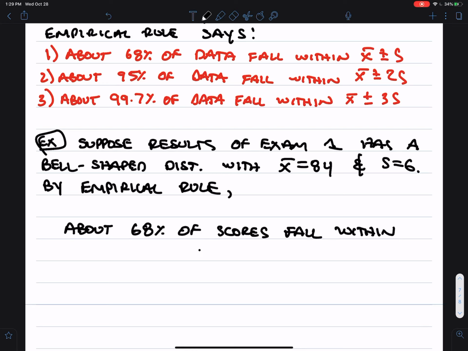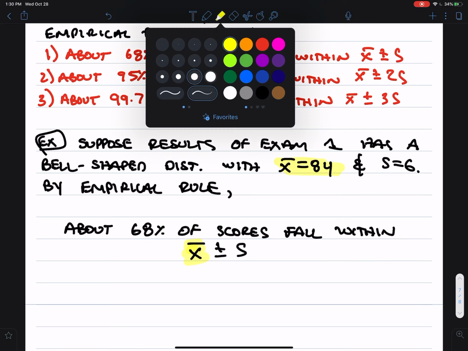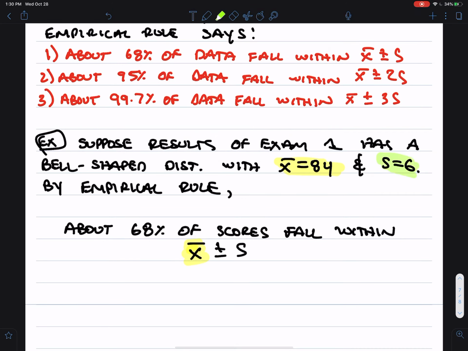So here we go. So let's go ahead and plug in. I'm going to highlight x bar in yellow, and I'm going to highlight in green the s equals 6. Plug it in here.